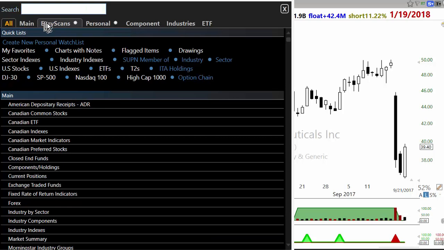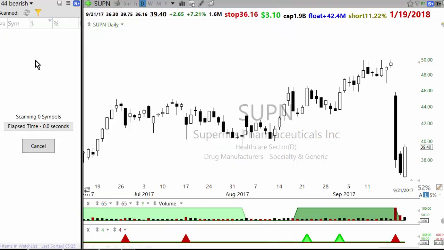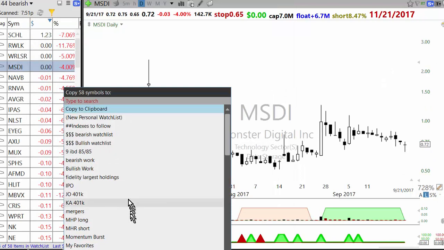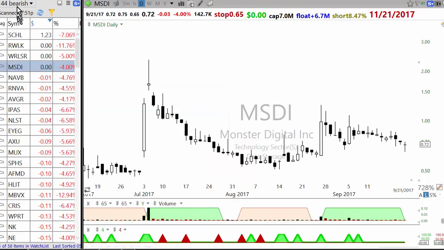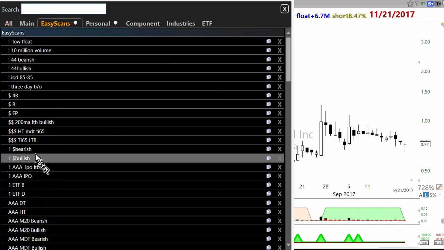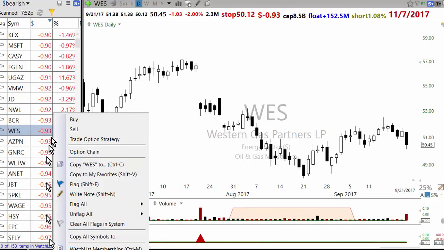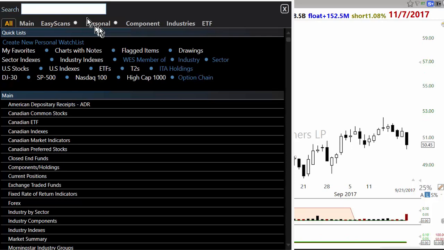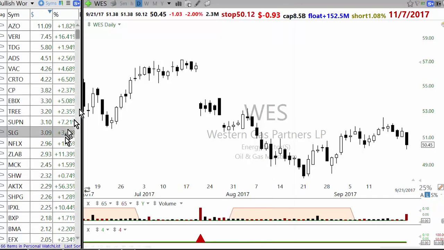The reason being that some of them will be common, so you're avoiding duplication of effort. Similarly, all the bearish 4% breakdowns go into the bearish working watch list.